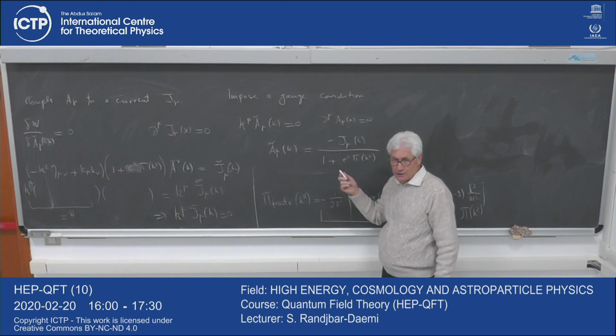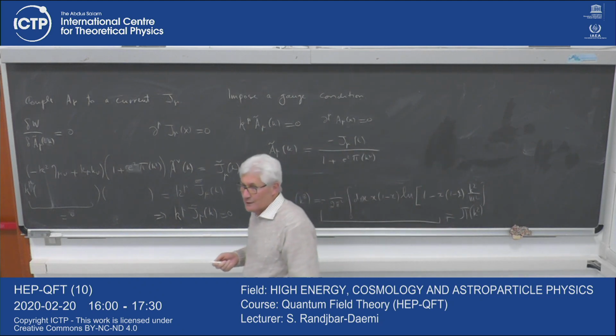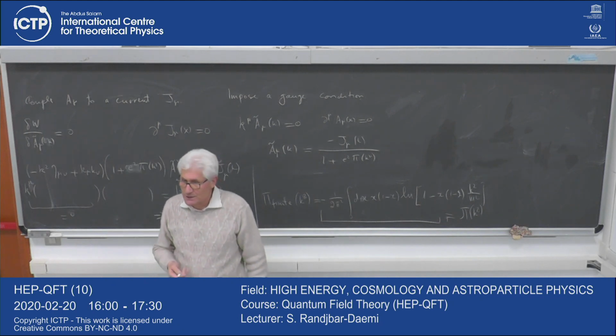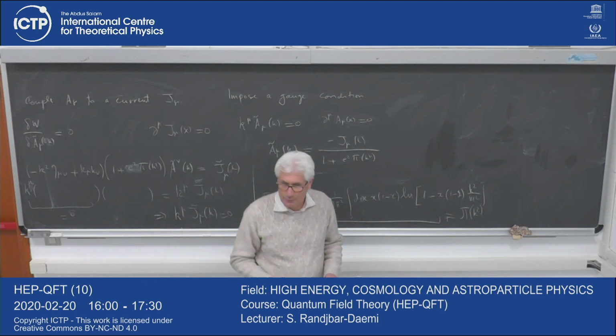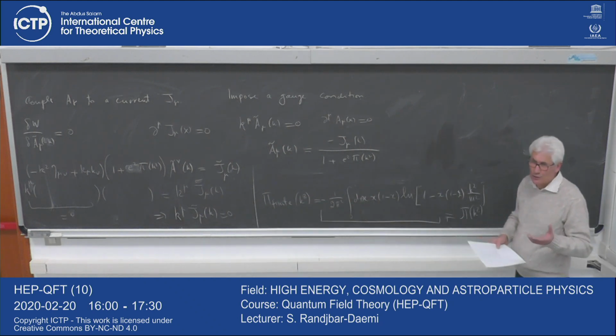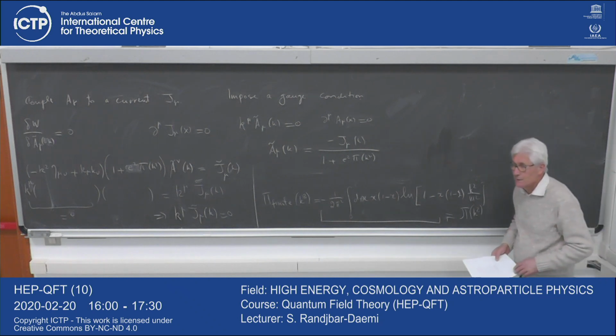So this will be a correction to the Coulomb potential. You will see the effect of vacuum fluctuations on the Coulomb law, how the Coulomb law is modified. You can imagine that this should be an important thing, because Coulomb law is a very well-known law, experimentally and classically. So therefore, we will see what's the effect of quantum mechanics on the Coulomb law.